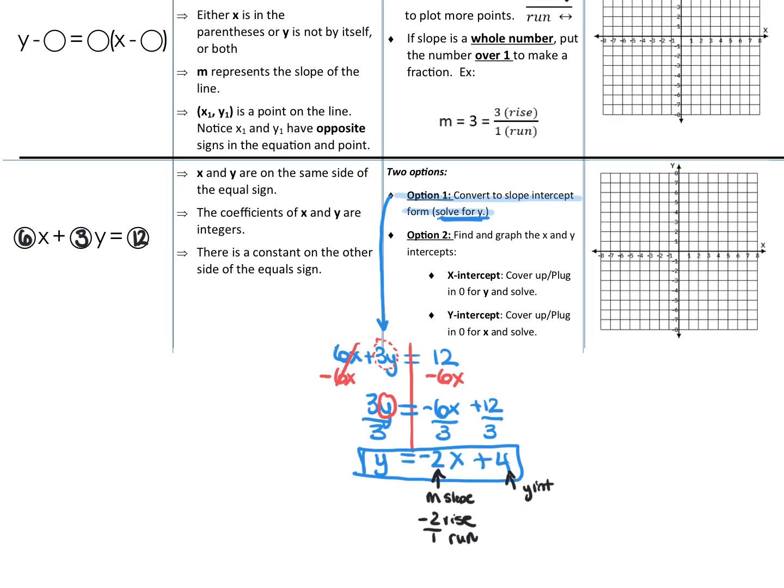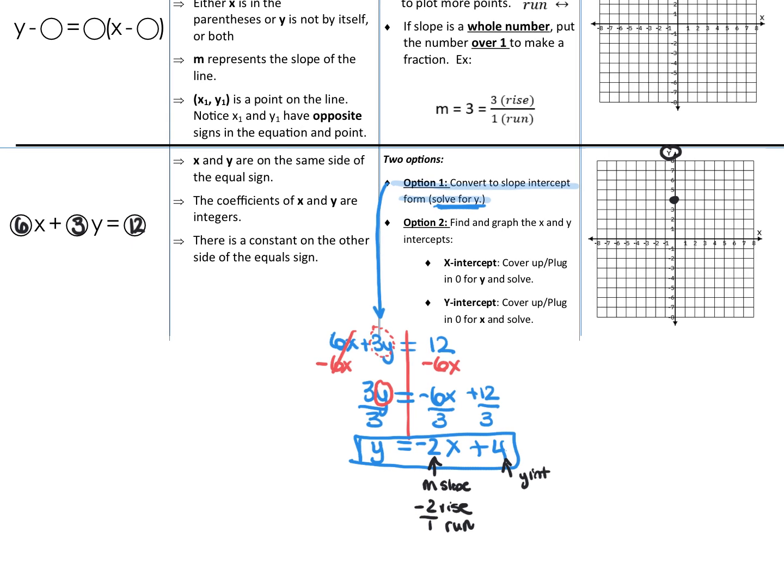So I'm going to go to the y-axis, and find 4 and put a dot. And then my rise over run says go down 2, because my rise is negative, so I'm going to go down 1, 2, and then to the right 1. So there's a dot. You can do it again if you want. Go down 1, 2, and to the right 1, and there's a dot. And then you can grab your ruler and draw a line. Remember to put arrows through them.